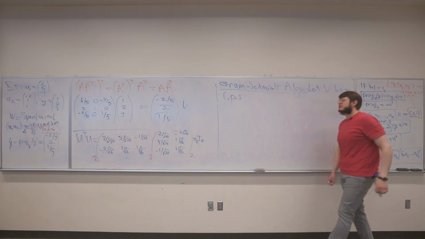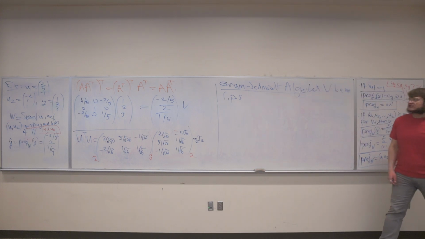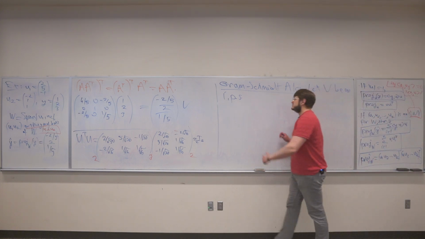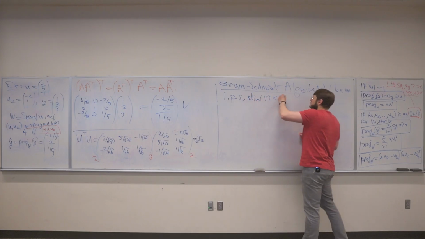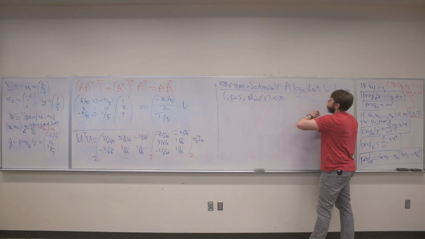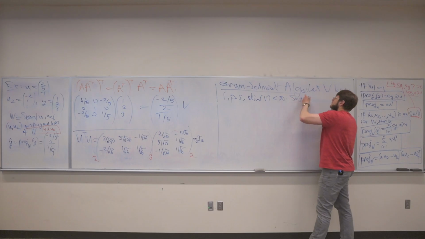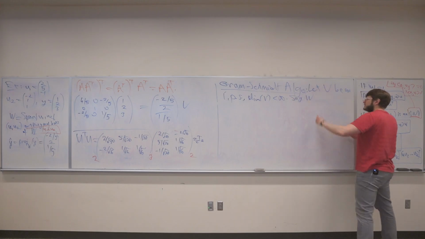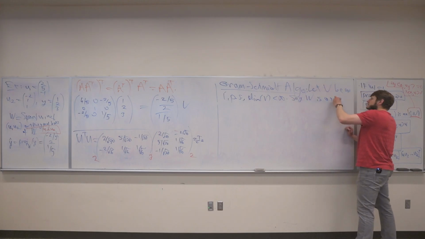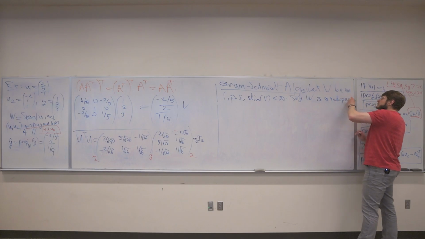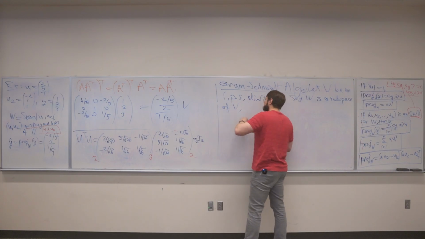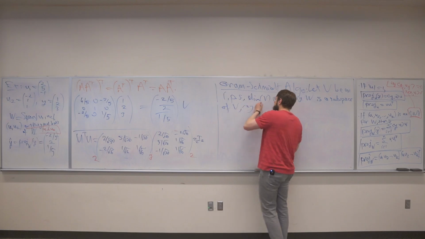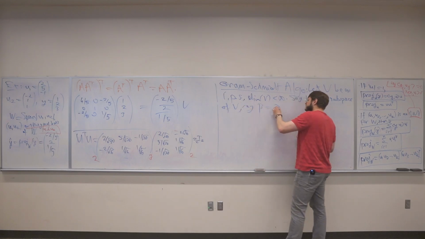I have an inner product space, so a vector space with an inner product. Say it's finite dimensional. You don't need that, but for simplicity. Say W is a subspace of V. And say beta is a basis.